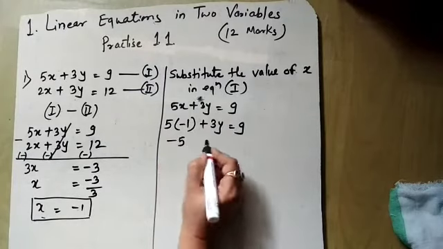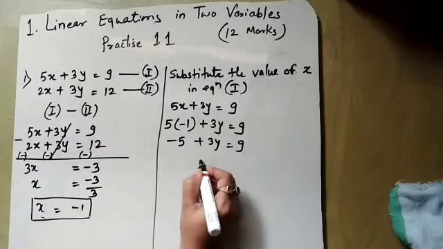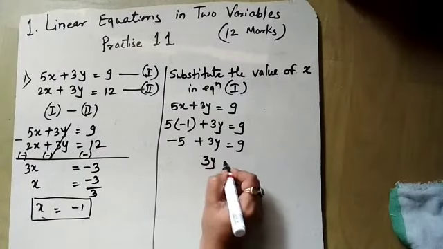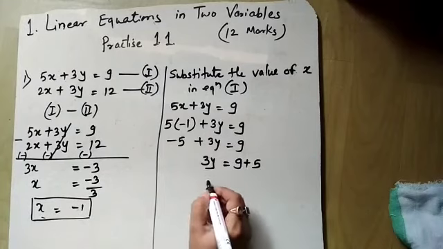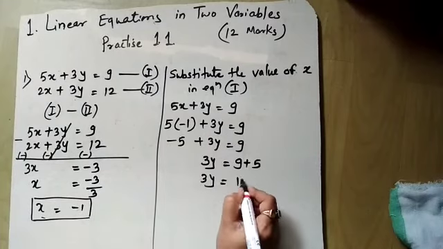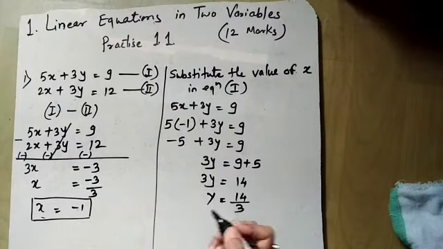I got here -5 plus 3y equal to 9. 3y equal to, this -5 will become plus when we shift it to the right side. 3y equal to 14. So y is equal to 14 upon 3.